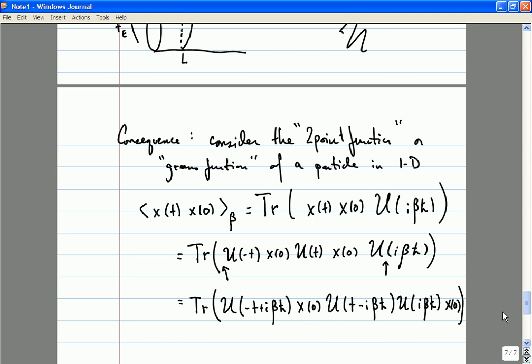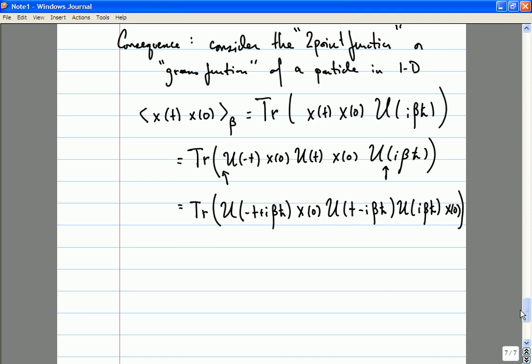And let's use the cyclic property of the trace again. That's the trace of x of 0 times u of minus t plus I beta h times x of 0 times u of t minus I beta h times u of I beta h.